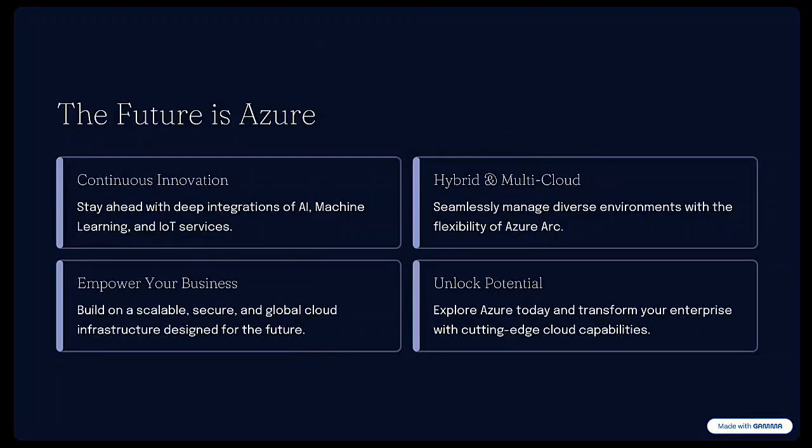As yesterday we discussed what hybrid and multi-cloud are: hybrid is connectivity between on-prem and your cloud services, and multi-cloud is accessing multiple clouds in a single organization and empowering your business. Build on scalable, secure, and global cloud infrastructure designed for the future.